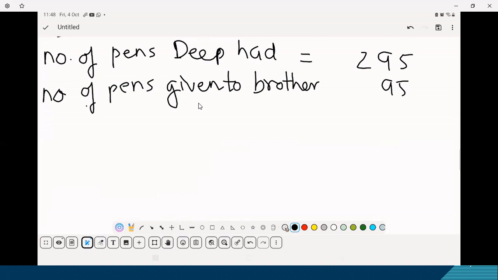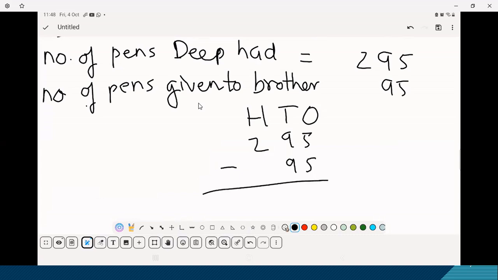Left means we are going to subtract. Okay, so write the numbers in HTO pattern. That is 295 with the sign of minus 95. Now we have to subtract the same number from the same number. That will be 0. And 9 minus 9 is also 0. Then 2 minus nothing, meaning 2 minus 0, is 2. So the answer will be 200 pens.